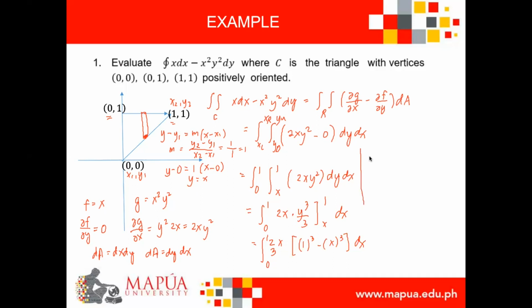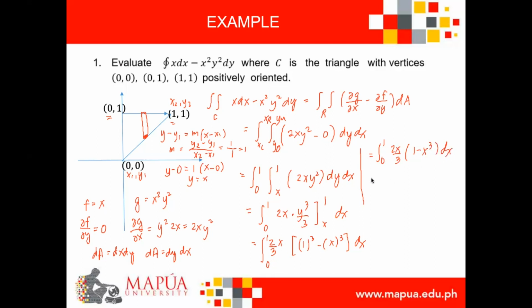Then with that, we now have to simplify. By the way, this should be 2/3. So simplifying it, we have the limits from 0 to 1, then this is now 2x over 3 times the quantity 1 minus x cubed dx.